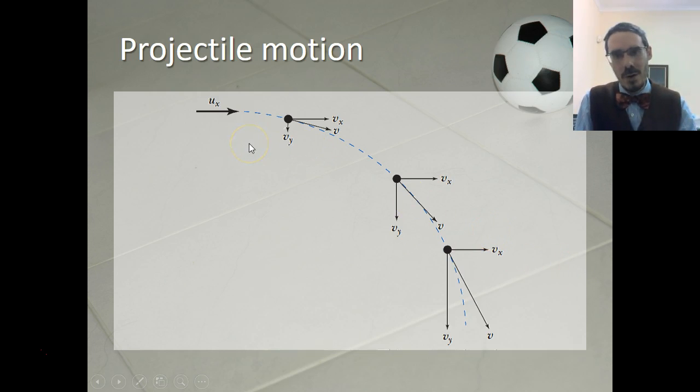It's going to keep moving horizontally at the same speed. But then as it falls, under free fall, the vertical part of its velocity is going to increase, according to the normal vertical motion. So basically you have two things happening at once: a constant velocity horizontal motion and a constant acceleration vertical motion.